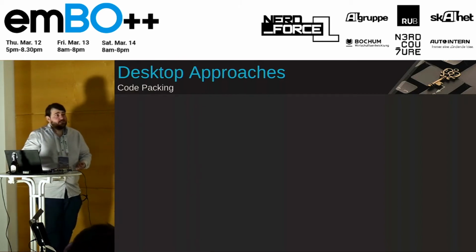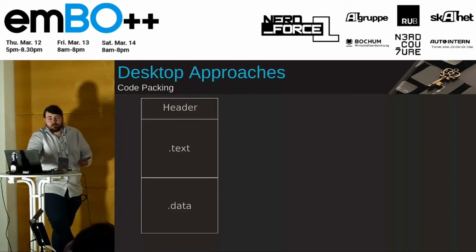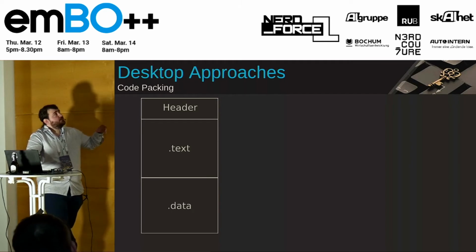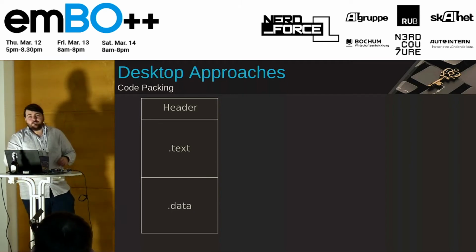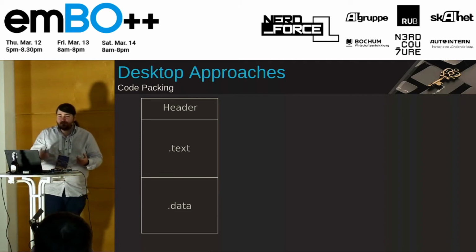So one approach is called code packing. If you imagine your traditional binary, you have on the top a header, which is either going to be your ELF header or your PE header, and then followed in the simplest case by a text section, which holds your code, and by the data section, which holds your writable data.